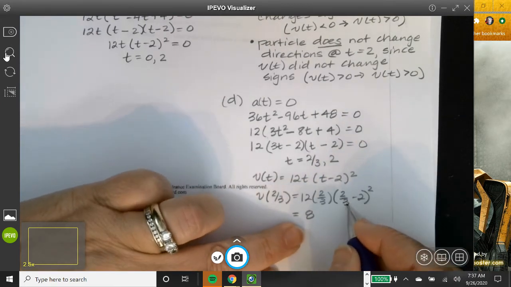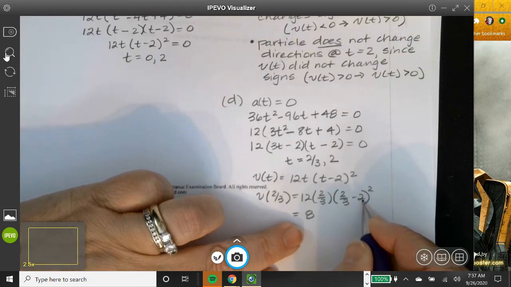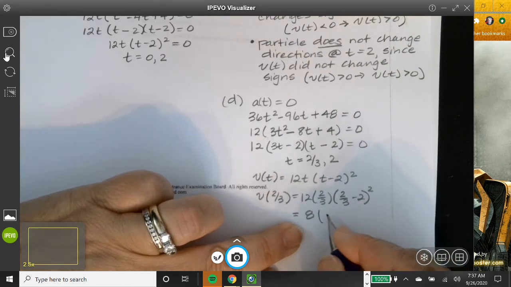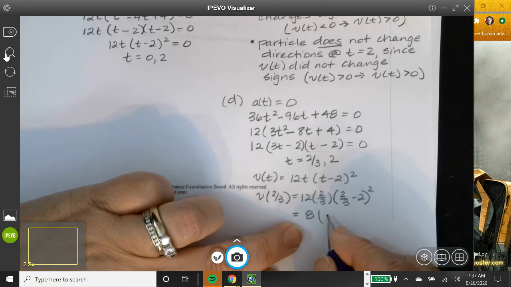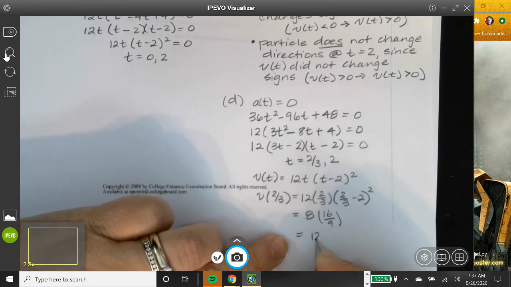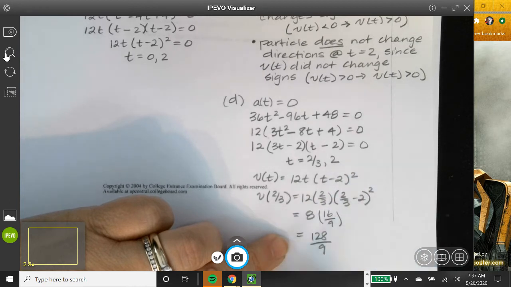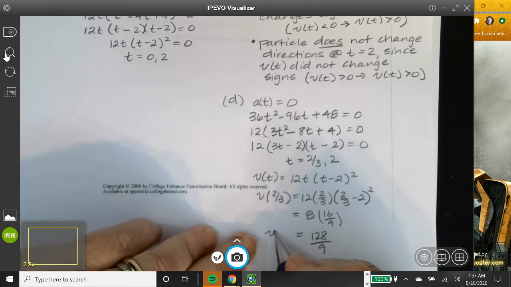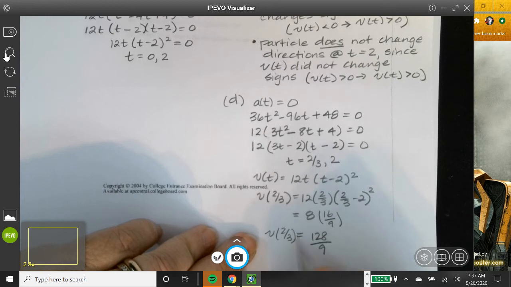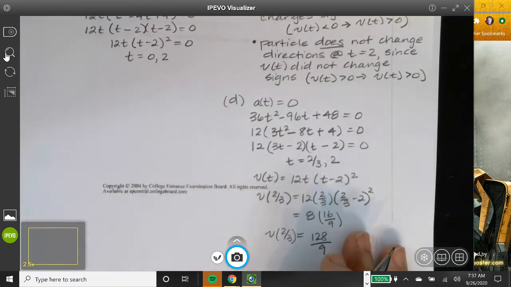And then this is 2/3 minus 6/3, which is negative 4/3 squared, which will be 16/9, which is equal to 128/9. And they didn't give us units back in 1969 on this one, okay?